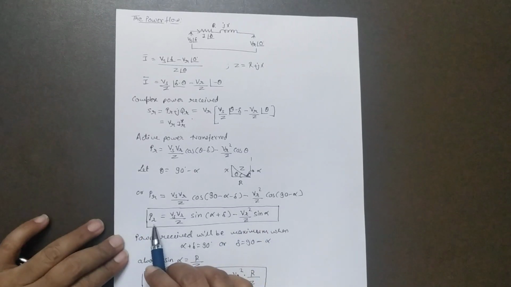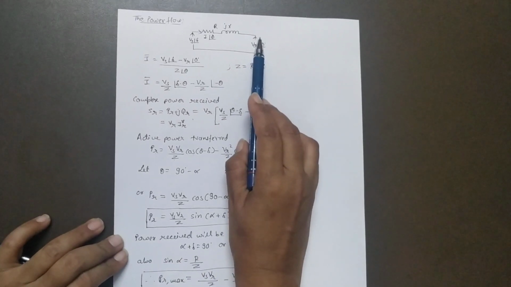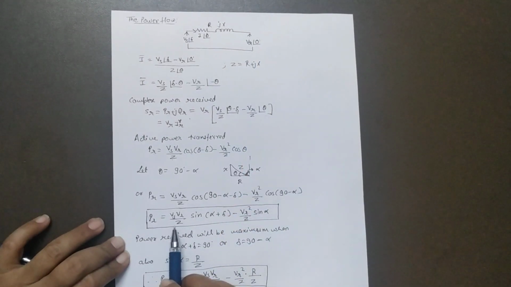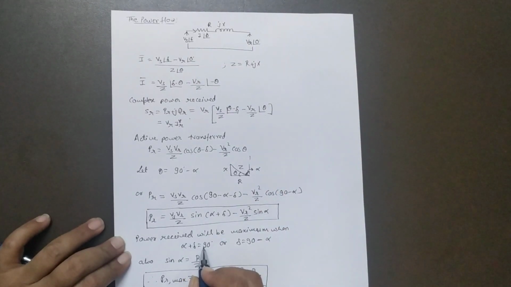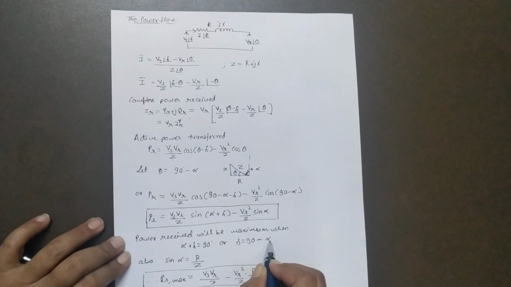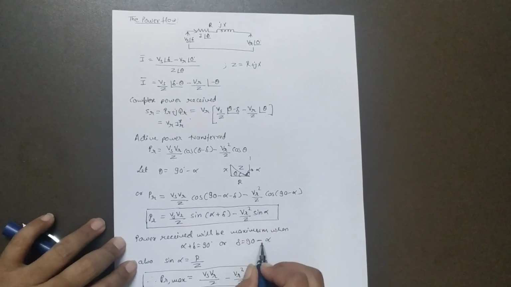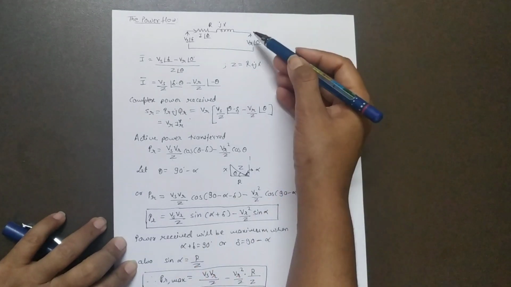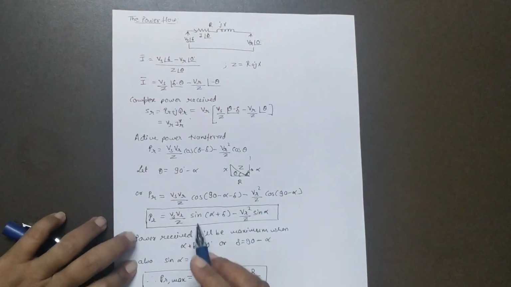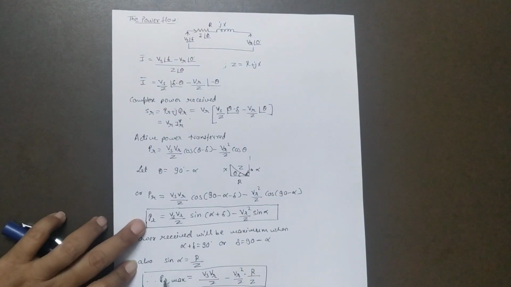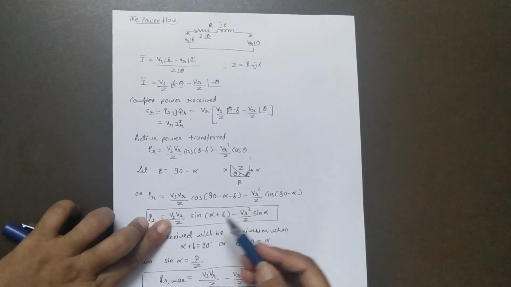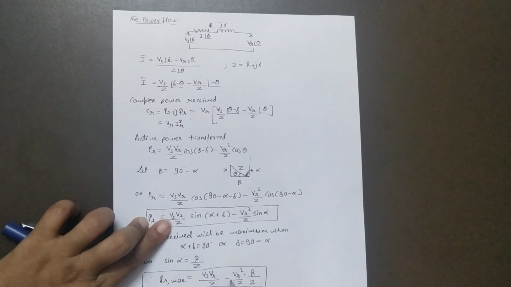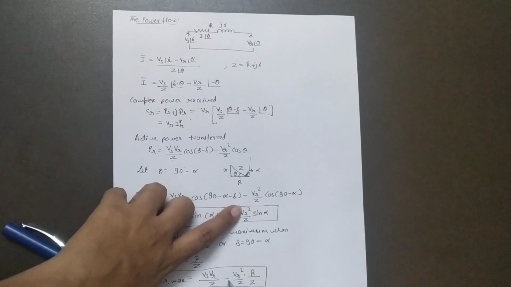This is the amount of power we'll get at the receiving end, and this received power will be maximum when alpha plus delta is 90 degrees, or delta is equal to 90 minus alpha. Substituting this condition for maximum power at the receiving end in this expression, we get PR maximum equal to Vs VR upon Z minus VR square upon Z, since sine 90 is equal to 1.